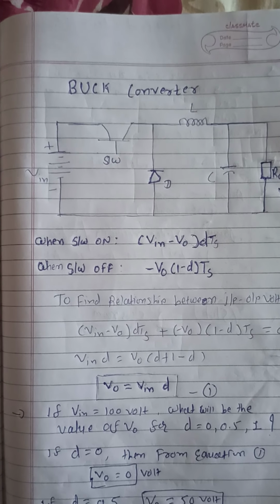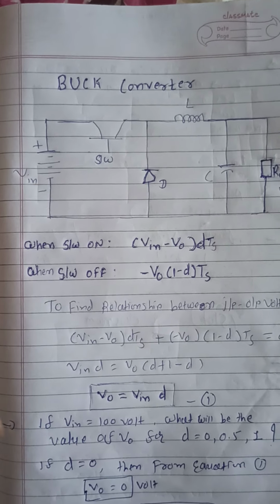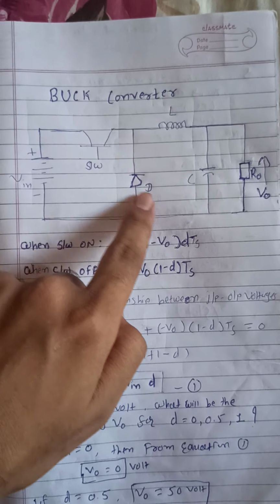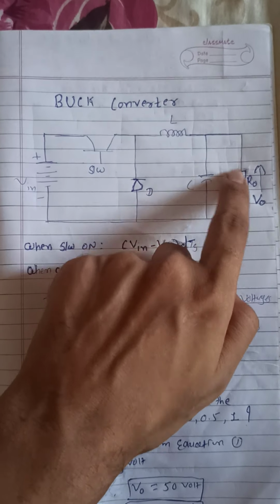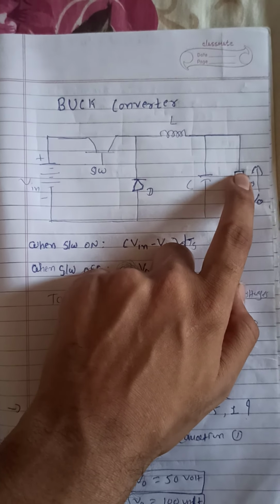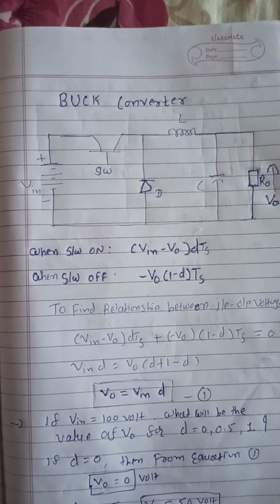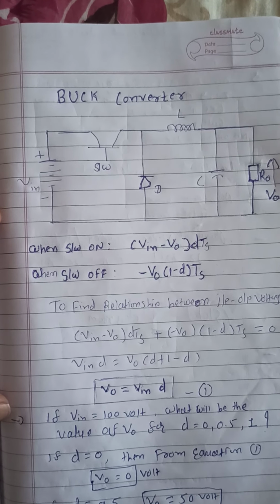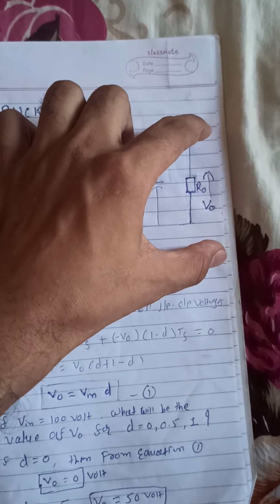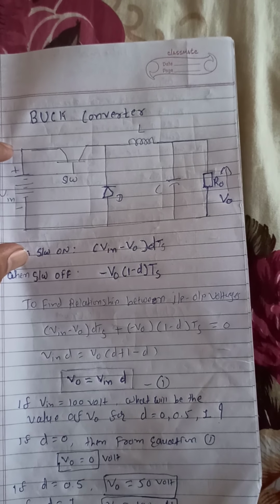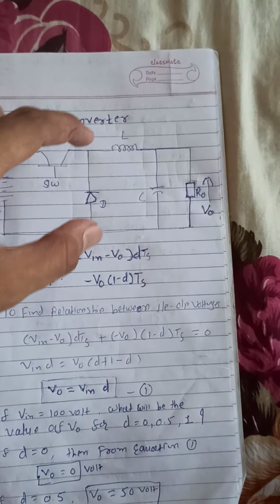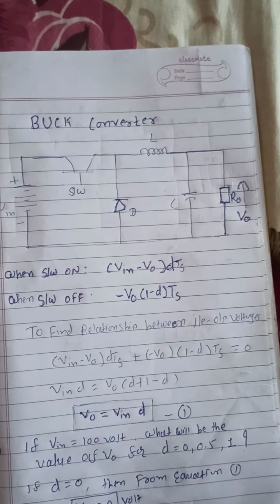So here you can see the circuit of the buck converter: input voltage, switch, diode, inductor, capacitor, and this is our load, the output voltage. To know the relationship between the input and output voltage, we need to know the voltage across the inductor. Why?